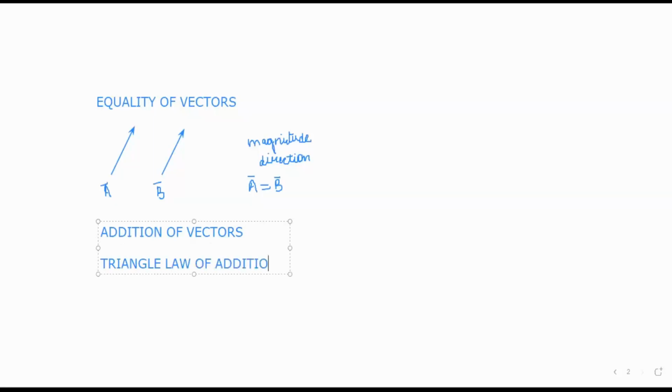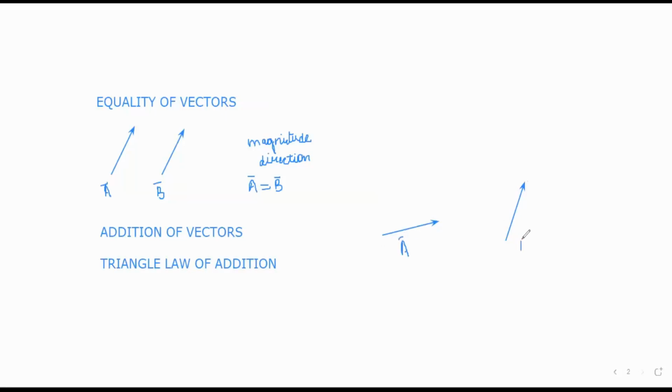First we will discuss the triangle law of addition. Let us draw the vectors. Suppose this is A, and this is B. Here the naming is very important, because which vector we write first matters.